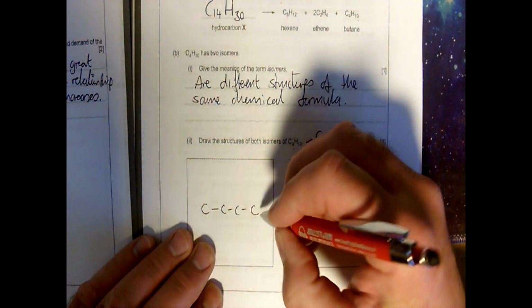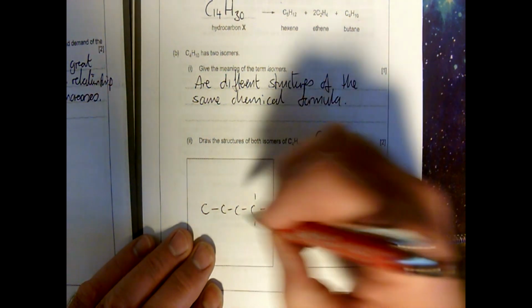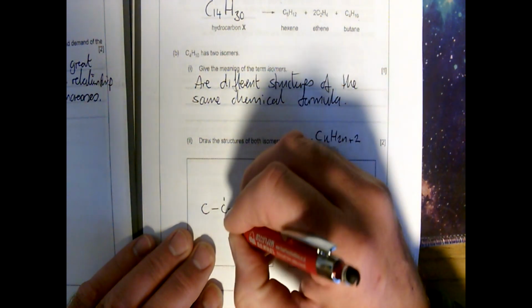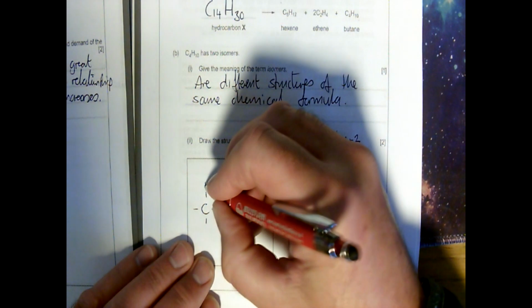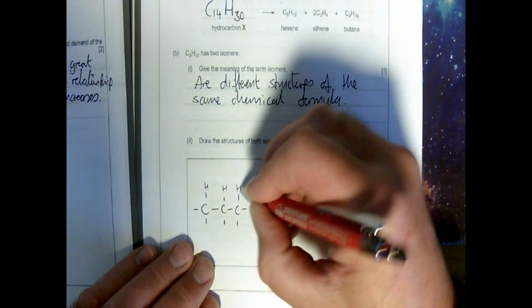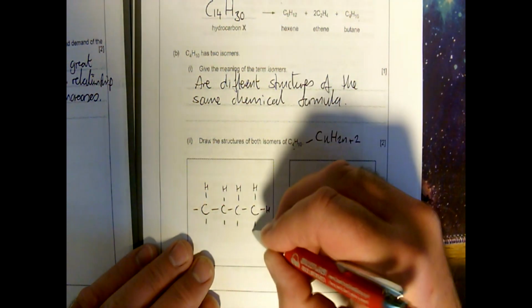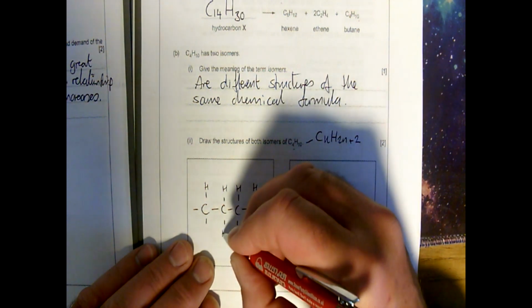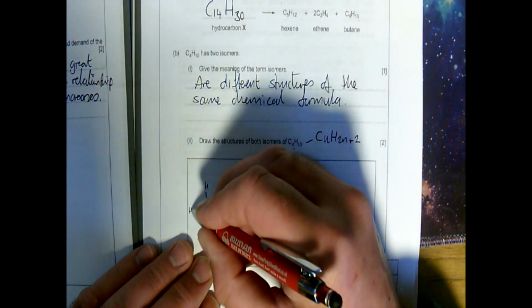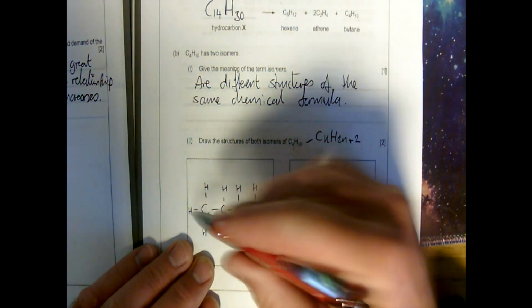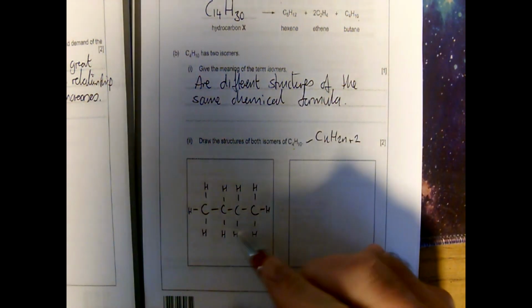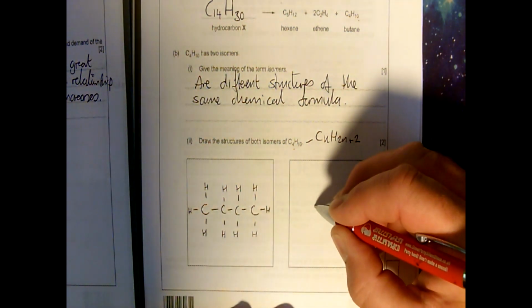So we've got 4 carbons, so 2 times 4 is 8, plus 2 is 10. So this is an alkane, so every carbon now has to have 4 bonds. Okay, so each carbon, if you look, has got 4 bonds, and attached to each of those is a hydrogen. And just to double check that we've matched our formula with our structure, we know we've got 4 carbons, we've got 1, 2, 3, 4, 5, 6, 7, 8, 9, 10 hydrogens.